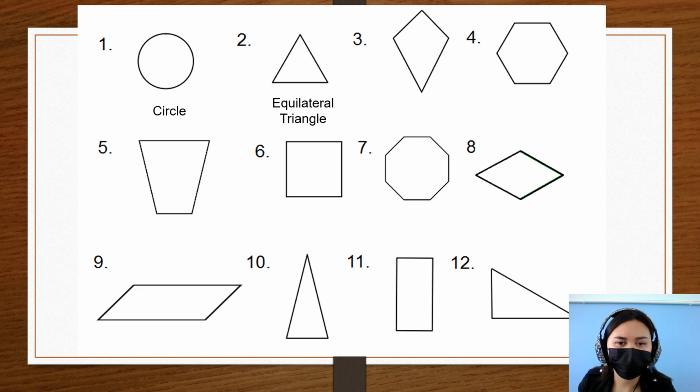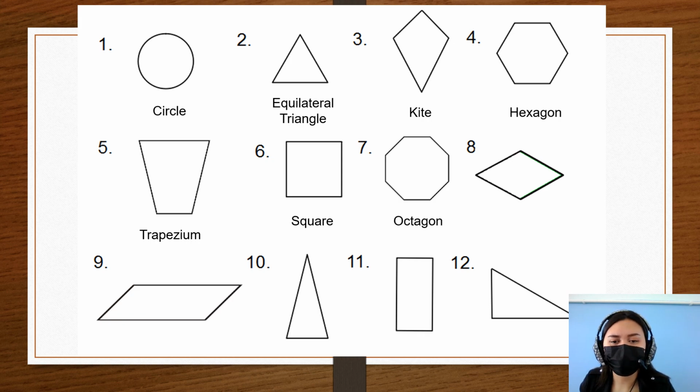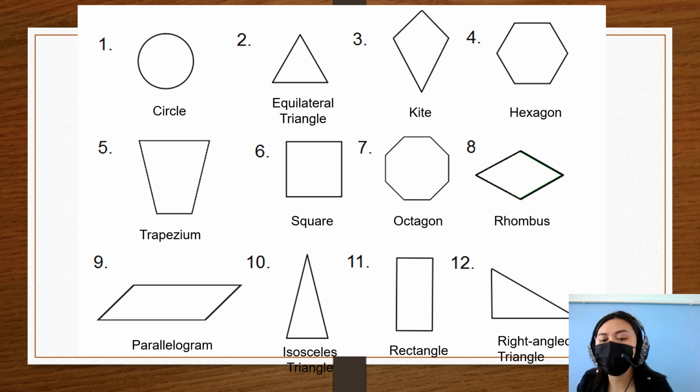A circle, equilateral triangle, kite, hexagon, trapezium or trapezoid. Okay, they're the same. Trapezium and trapezoid are the same. Square, octagon, rhombus, parallelogram, isosceles triangle, rectangle, and right-angled triangle.